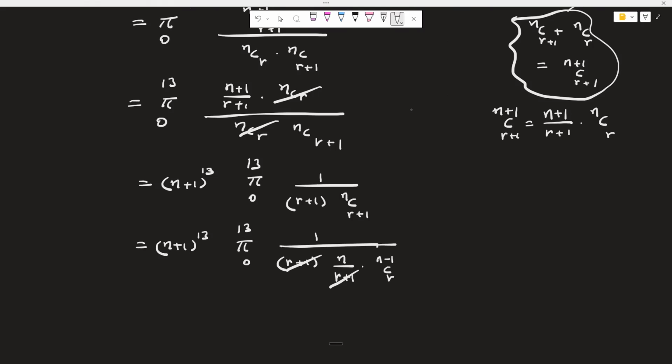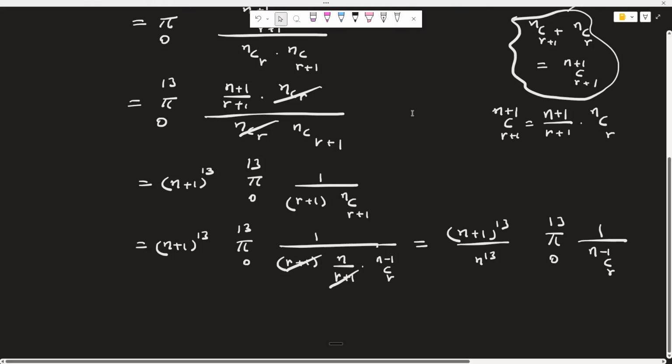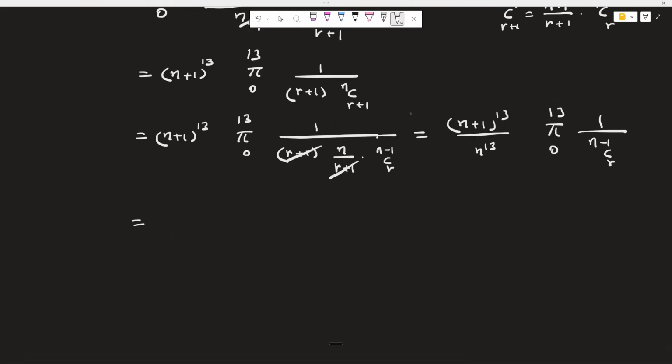And again, you can take this N outside, and it applies to the entire 13 numbers. So N plus 1 whole power 13 divided by N power 13, pi 0 to 13, N minus 1 CR.